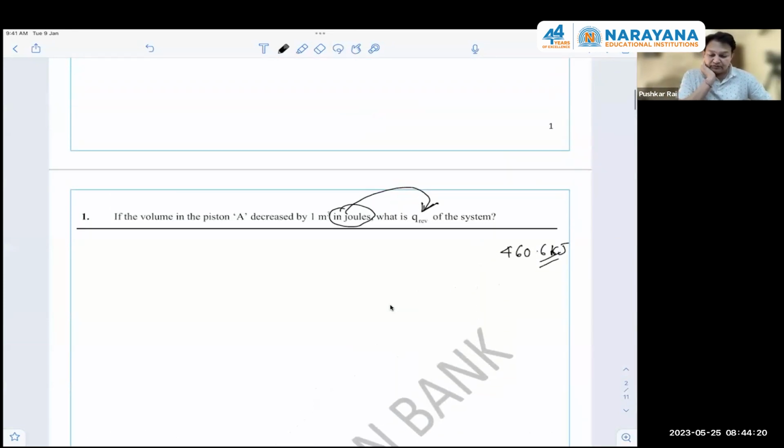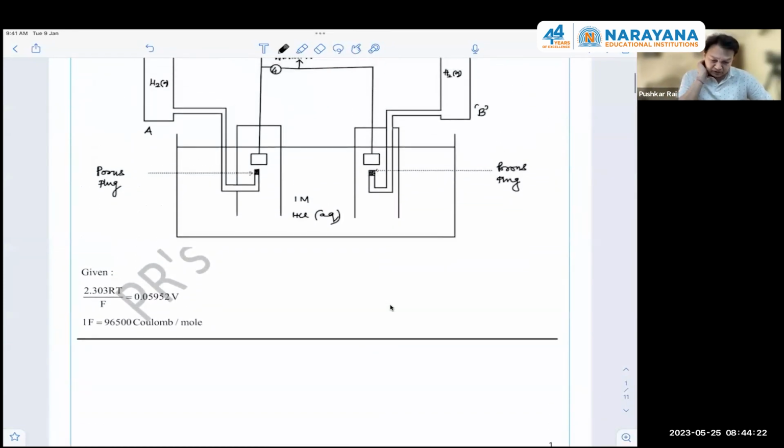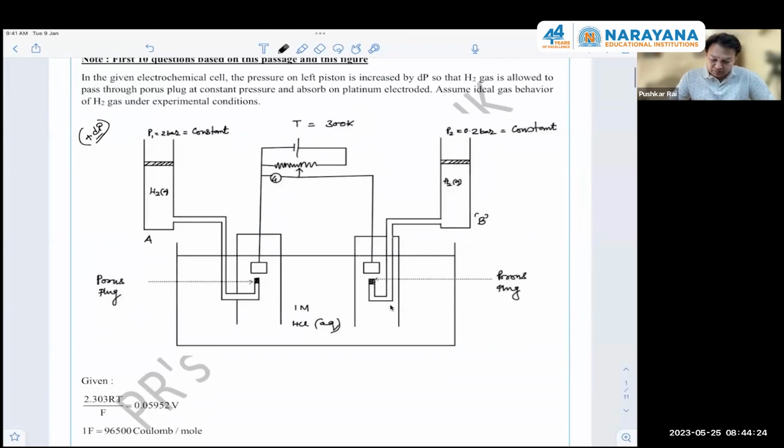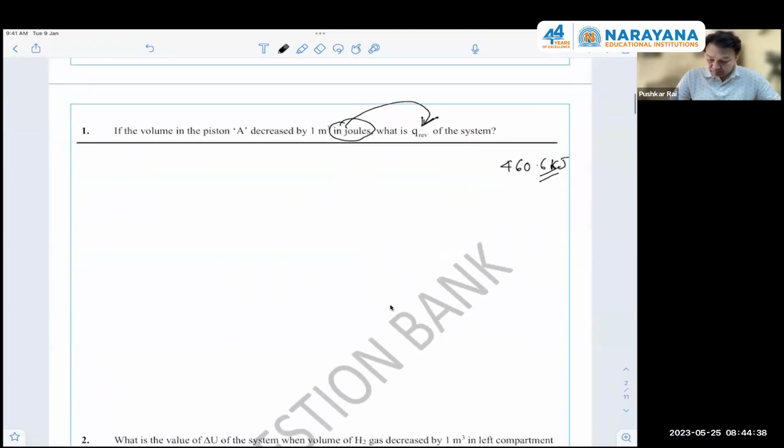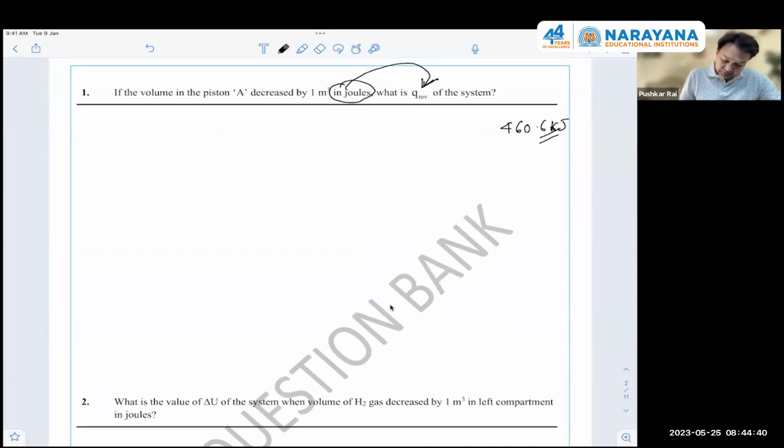What is this problem all about? And what is the funda of this problem? This one problem has been chosen to really find out what is electrochemistry, the general principle of electrochemistry. As you can see in this problem, basically there is a concentration cell.